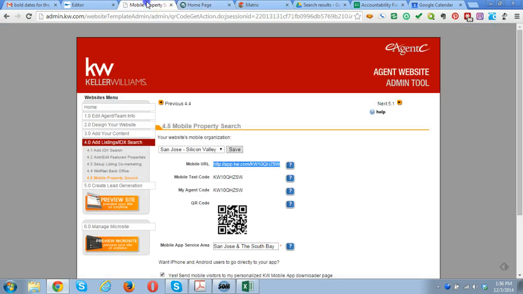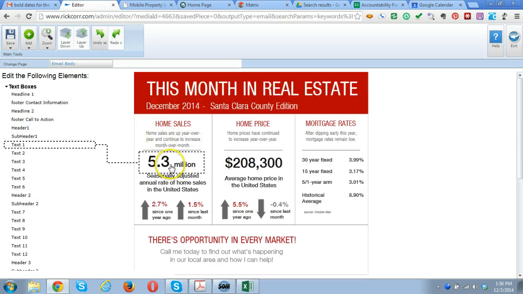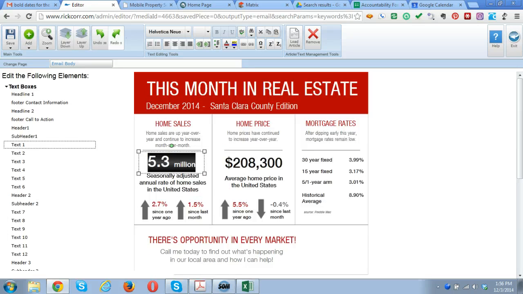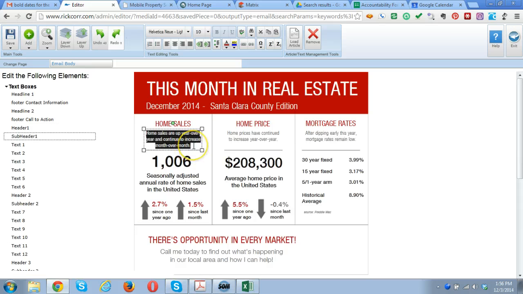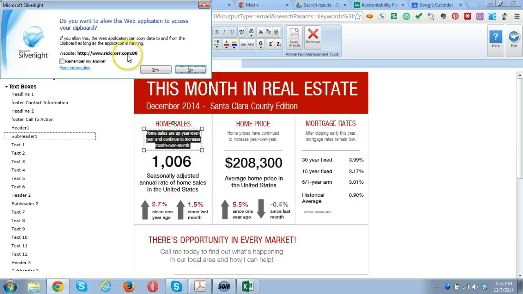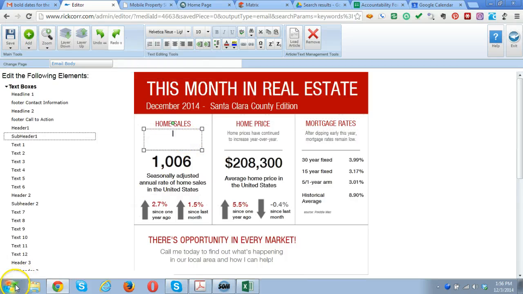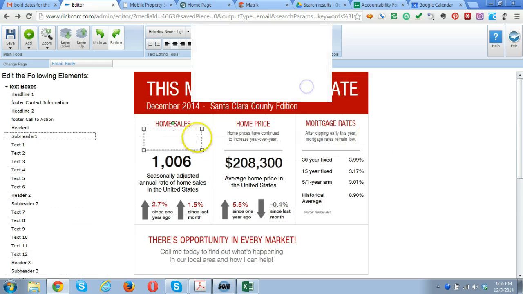We have a number. It sounds like a bingo. So what we're going to do is take that in. 1006. And it says home sales are up year over year and continue to increase month over month. That's a lie. So I just deleted it all, and I'm going to stay on the page.